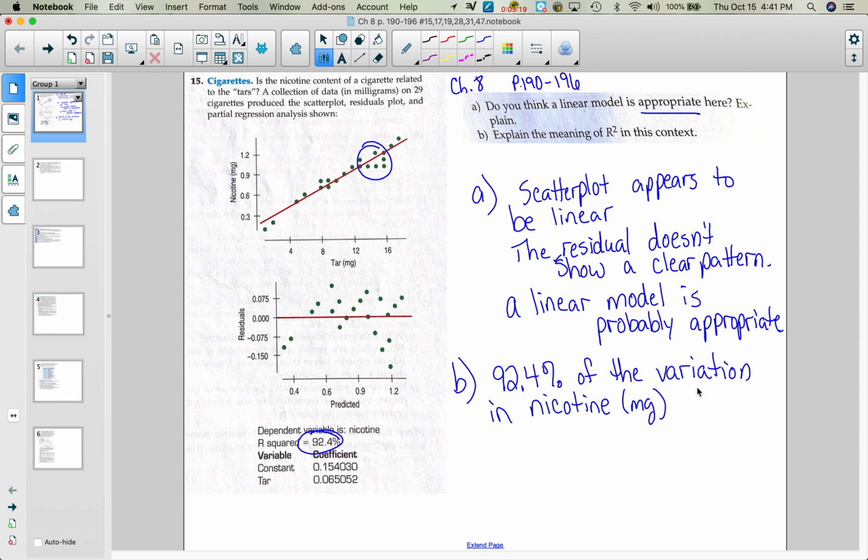So 92.4% of the variation in nicotine can be explained by the changes in explanatory variable tar. Okay, so again, that little fill in the blank: r squared percent of the variation in response variable, which is the y variable, can be explained by the changes in explanatory variable. So in this case, it's tar. You're just going to fill it in to give it the context.